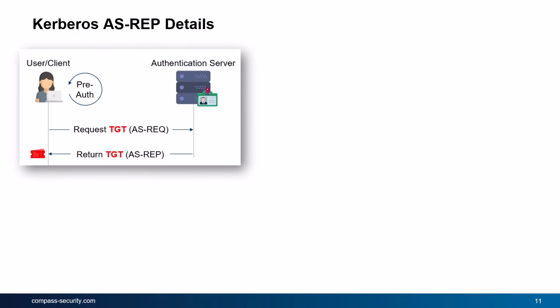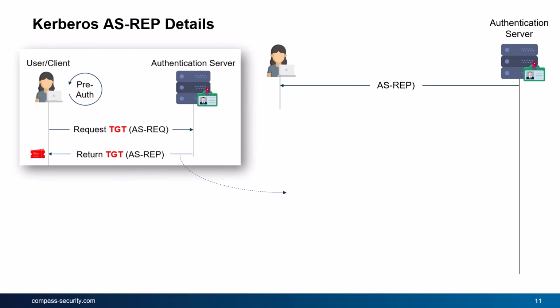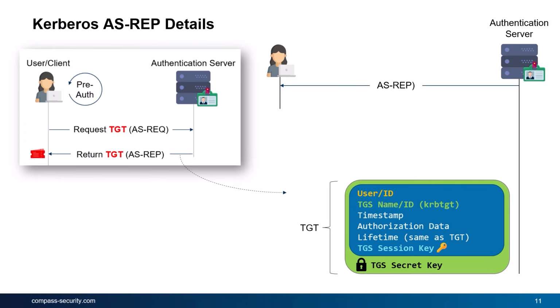So we can quickly look at this in more detail. This is essentially a recap of the first part of this video series. If we inspect what happens in this AS-REP part of the protocol flow, we see that two things are sent back from the KDC to our user. Once we have the TGT, the ticket granting ticket, this ticket granting ticket is encrypted with the secret key or the key material from the krbtgt account.